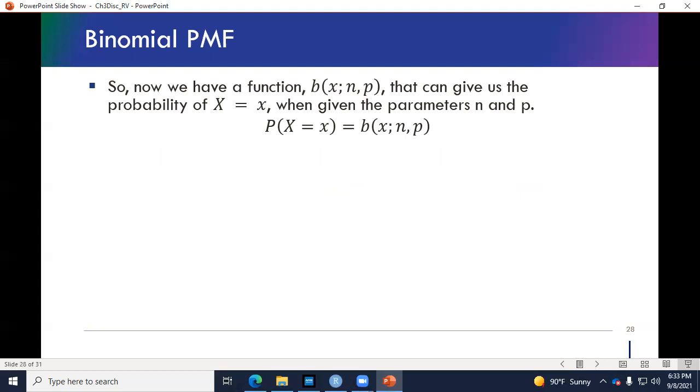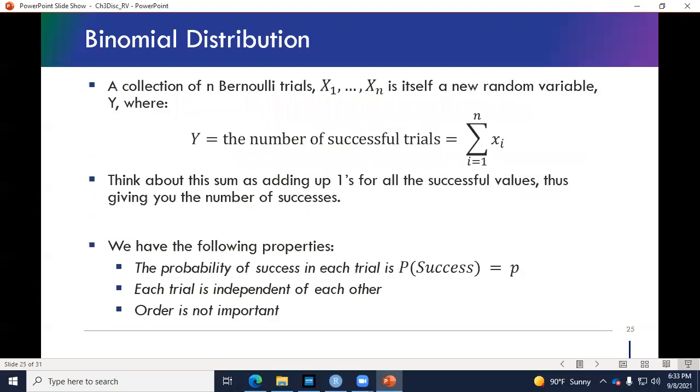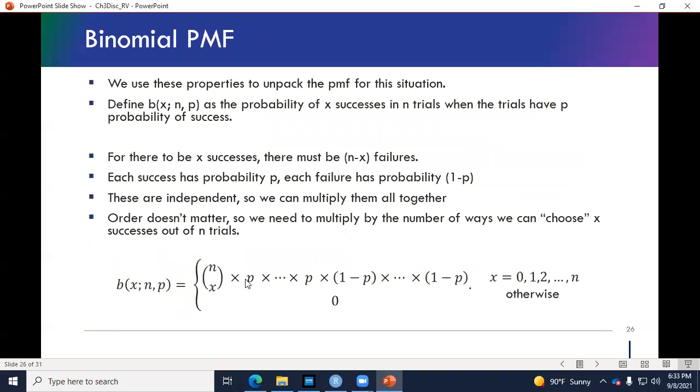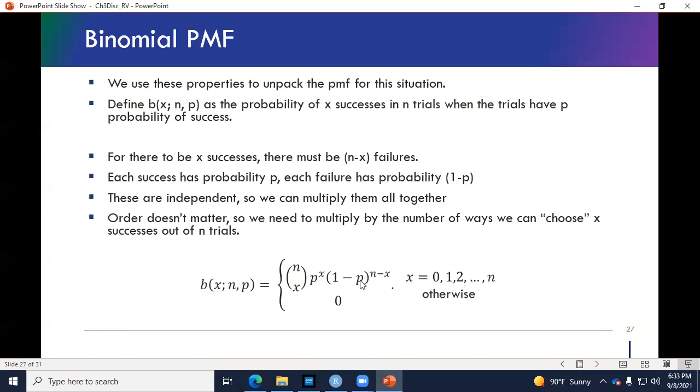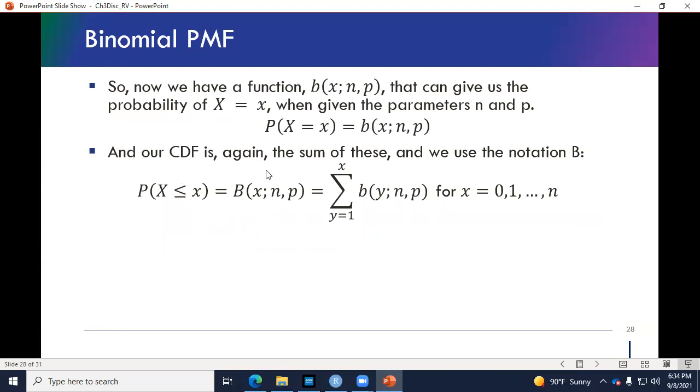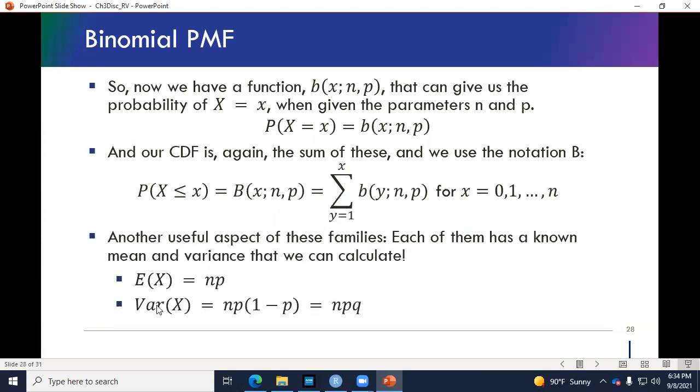For the binomial, the important thing you need to know is that it captures the number of successful trials out of n Bernoulli trials, and each of the Bernoulli trials is independent of the others. This is how you calculate probabilities from this binomial distribution. You should also know the expectation and variance.